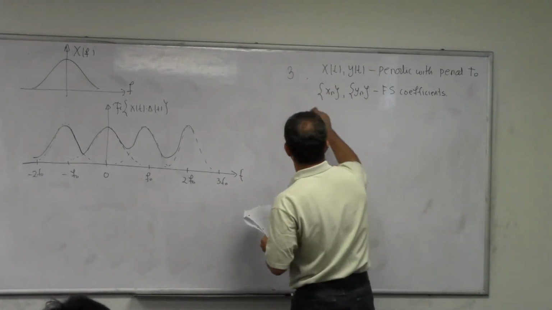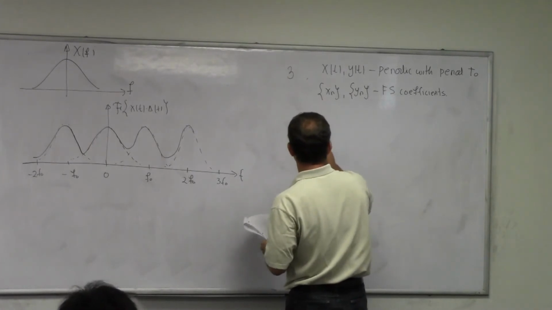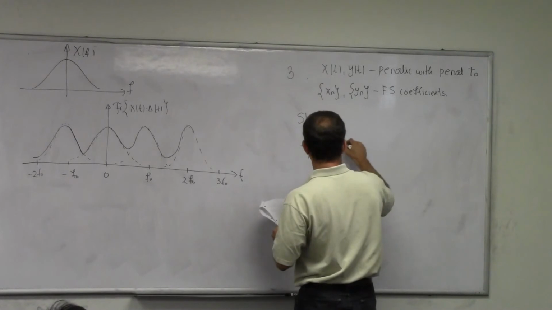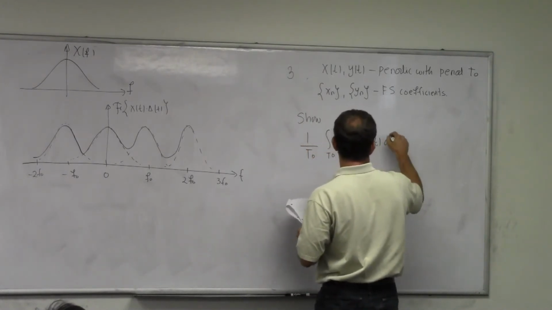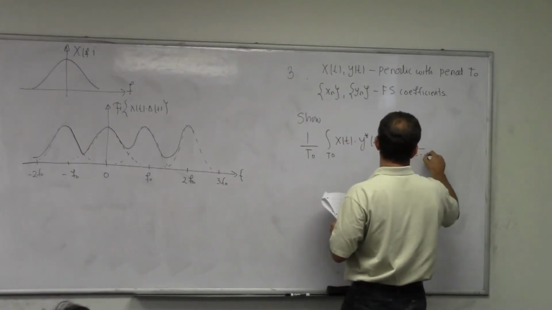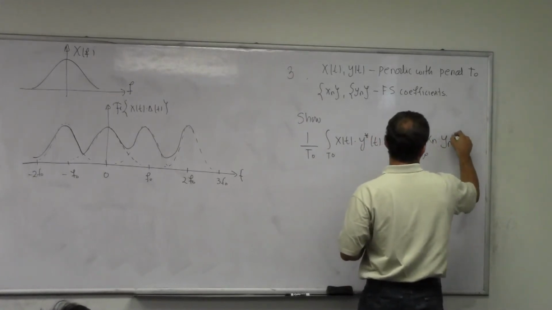It says show that 1 over T0, integral over T0, x of t times y complex conjugate of t dt is equal to the sum when n goes from minus infinity to plus infinity, xn times yn complex conjugate.